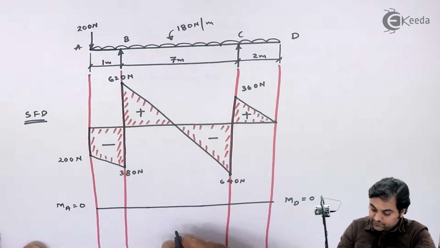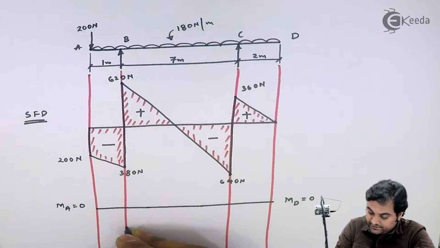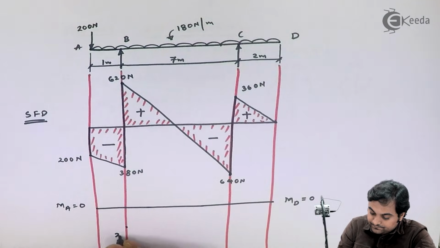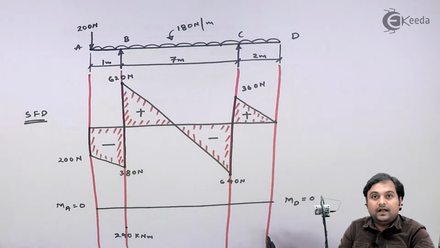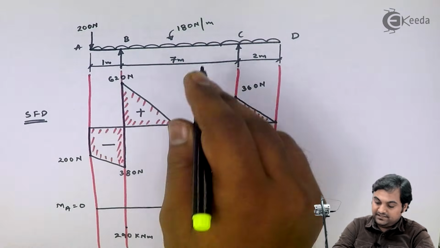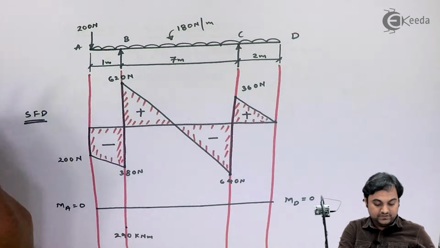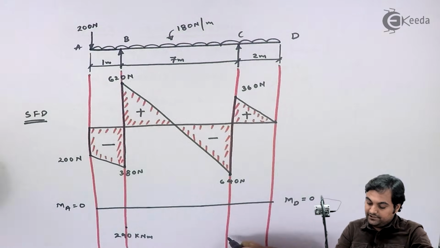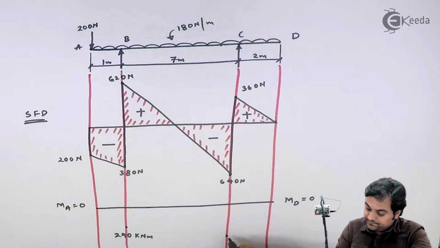At B, the value is negative minus 290. At C, the value is 360 kilonewton meter with a negative sign.